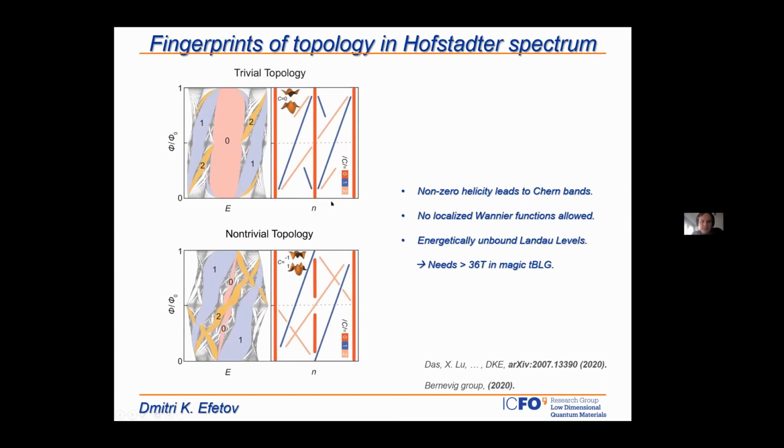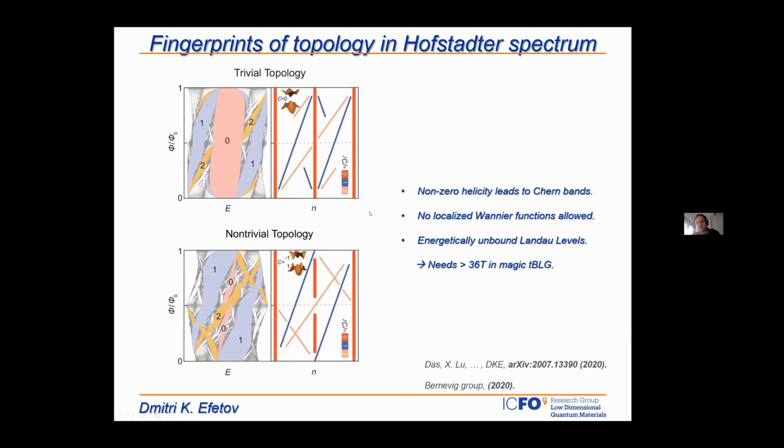Andrei basically started to postulate that the Hofstadter spectrum, so basically the Landau levels in high magnetic field, in these topologically non-trivial bands should behave very differently than in a trivial non-topological system.